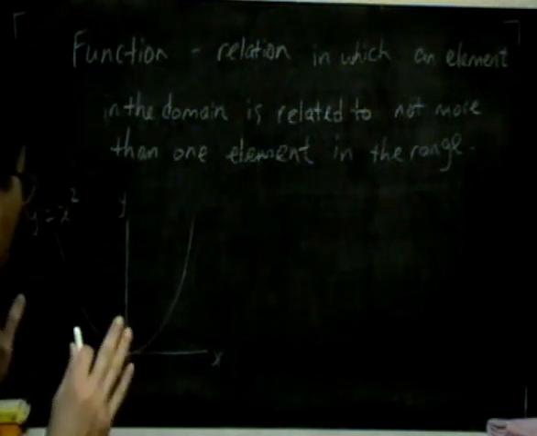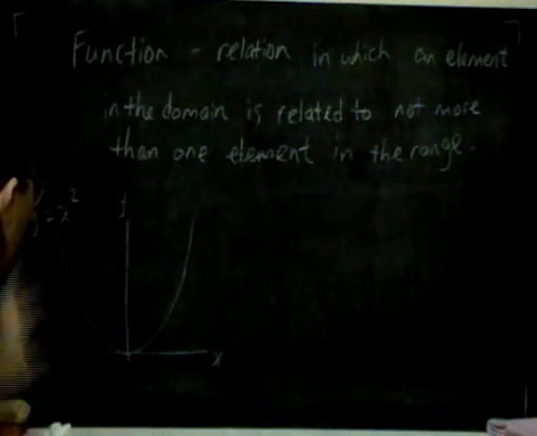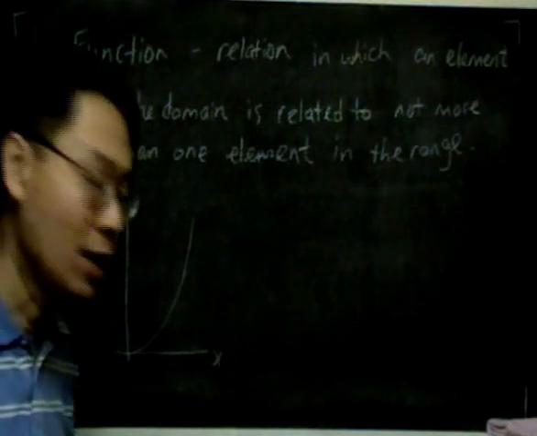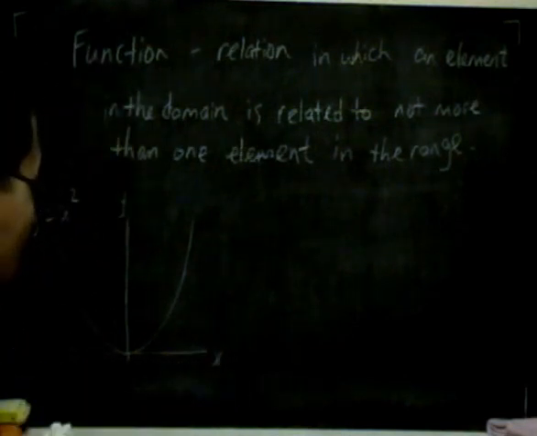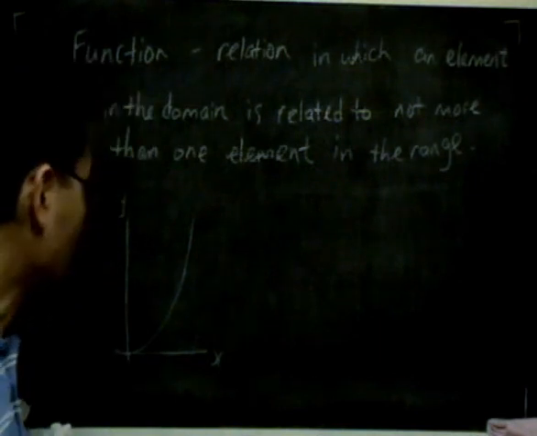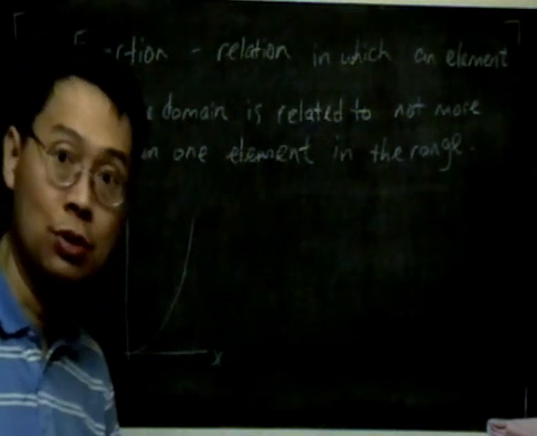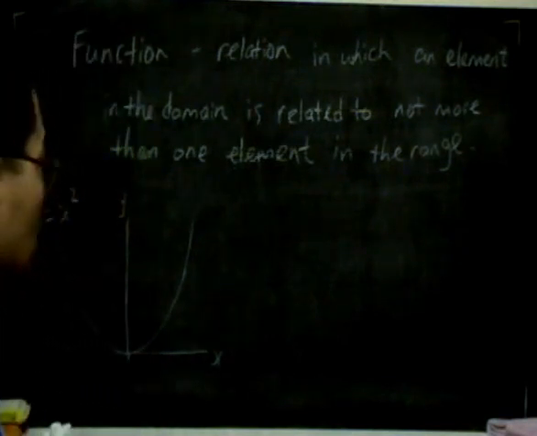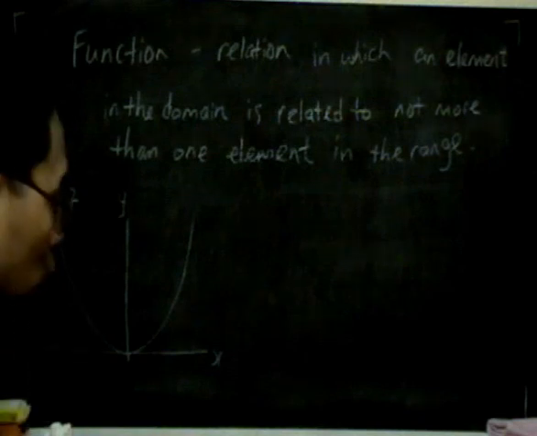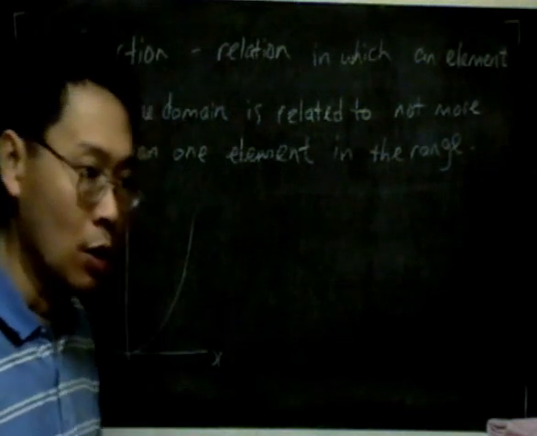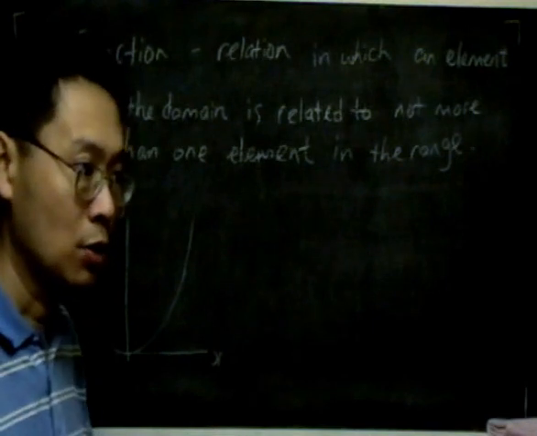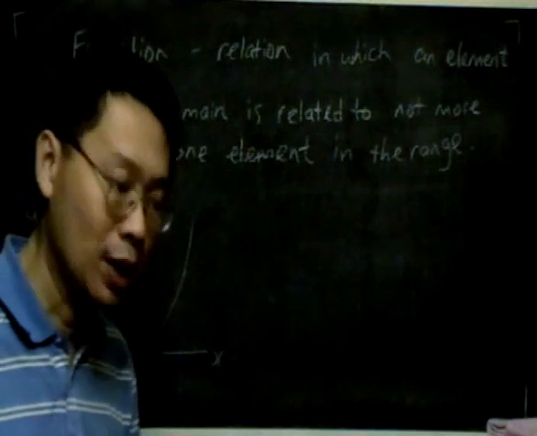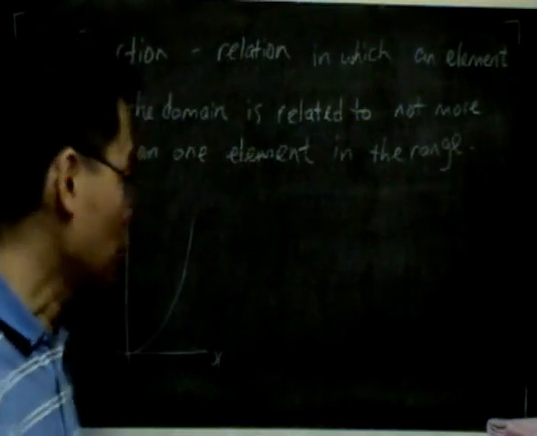Now, if we just look at this equation y equals x squared and just look at the graph, we might imagine that x can be any values, any possible values, small, big, fractions, decimals, whole numbers, anything you can imagine. But when we talk about functions and relations, as I've explained just now, we are free to define, to decide what values we like to have in the domain and in the range.